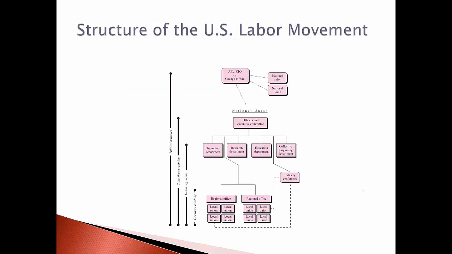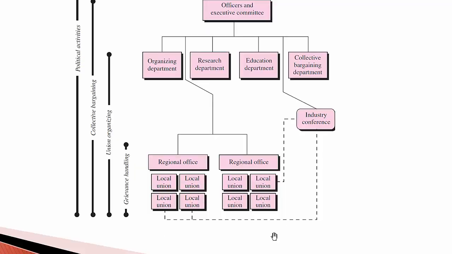This diagram offers us a glimpse at the structure of the U.S. labor movement. So we'll zoom in here a little bit, and we'll start at the local level. At the local level, we have local unions. These local unions are representing individual people in the workplace. They're doing things like handling the day-to-day grievances that might arise from somebody feeling like the contract isn't being executed properly.